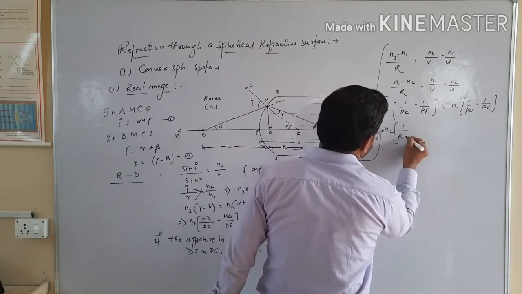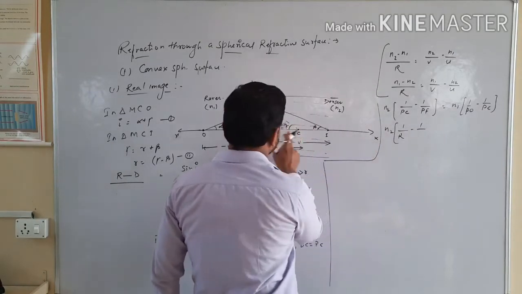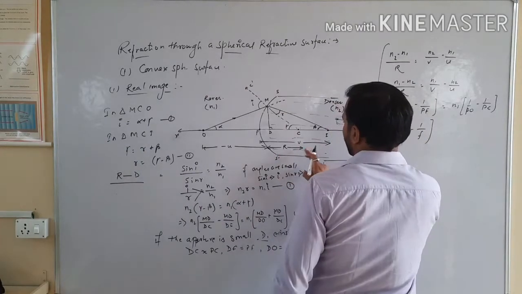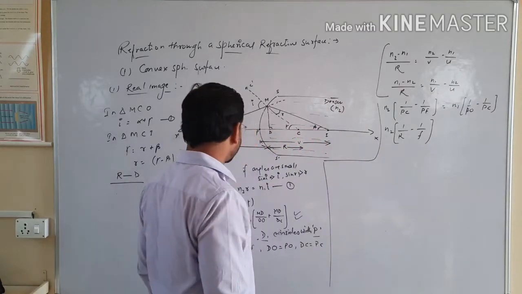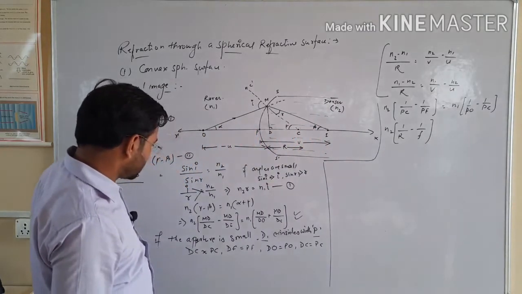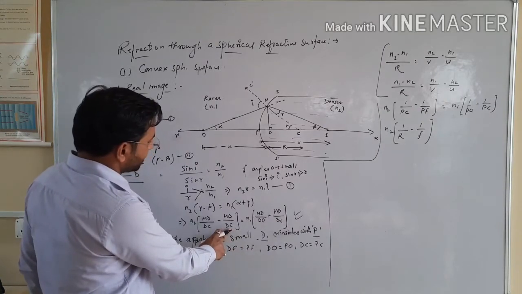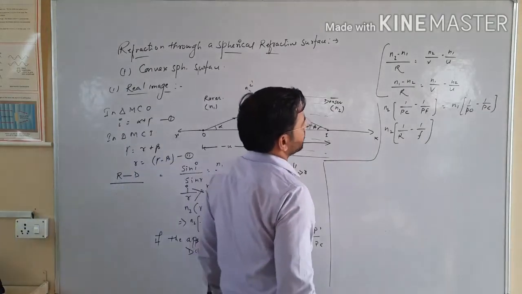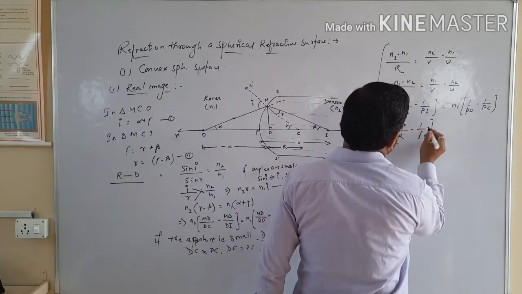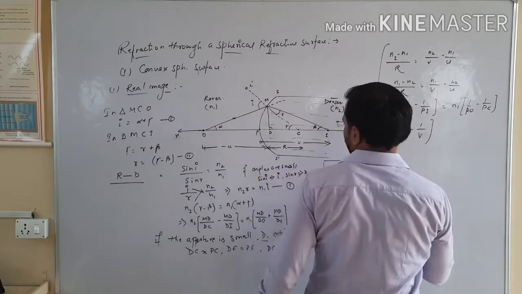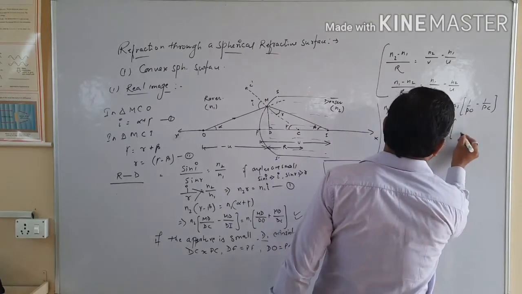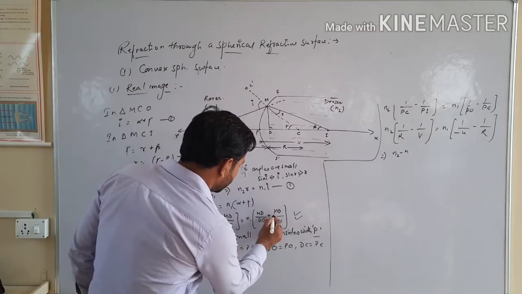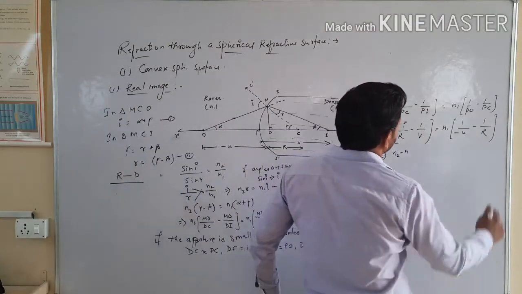PC is equal to R, PI is equal to V with positive sign, and PO is equal to minus U, PC is equal to R. See here, this is a positive symbol, so I will write here positive also.